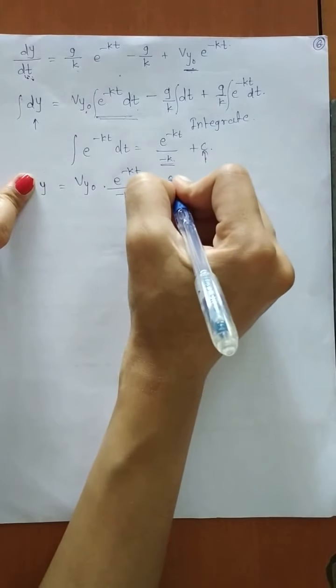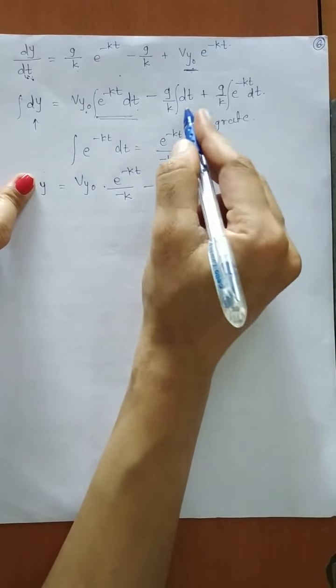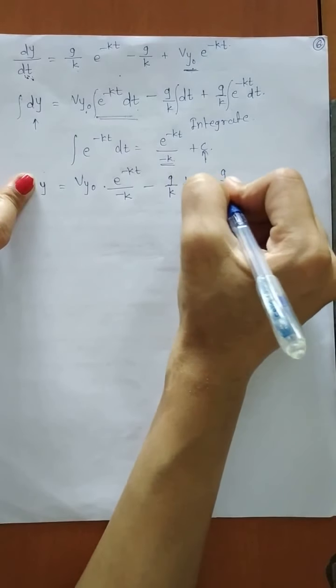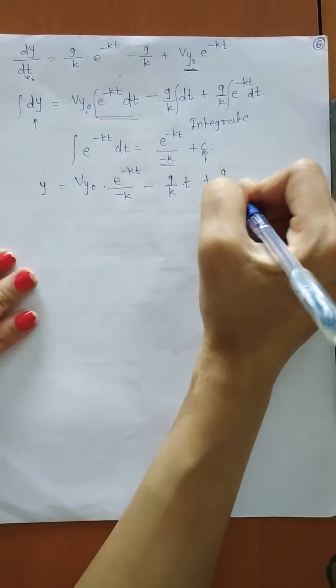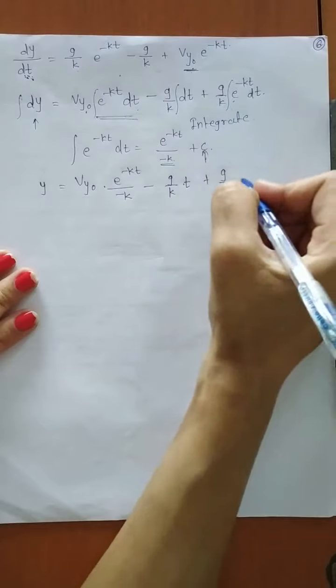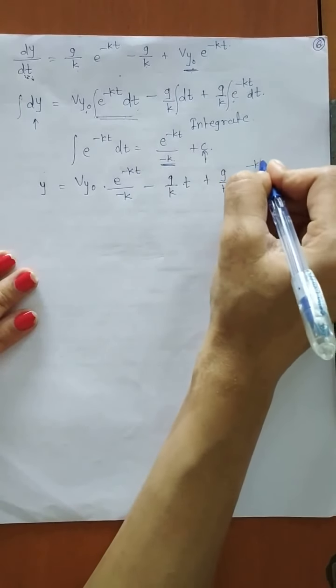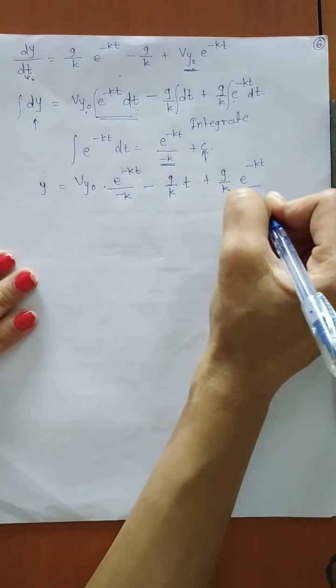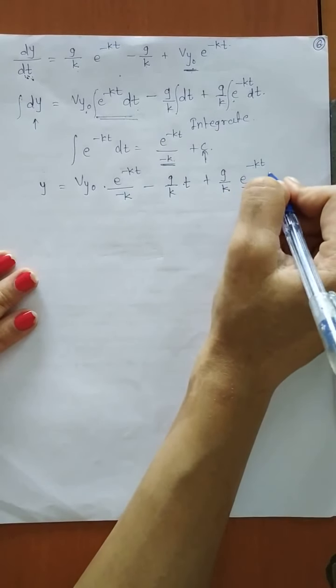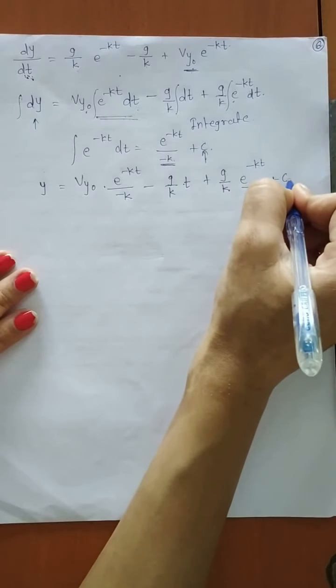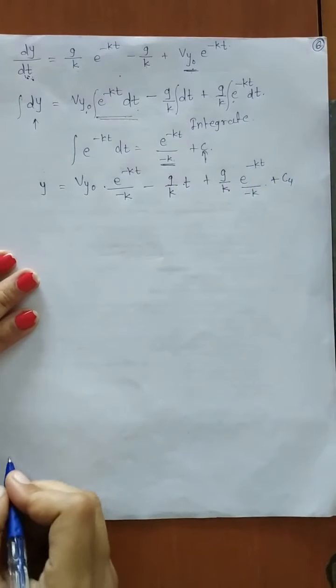Minus g by k is constant into integration of dt is t, plus g by k is again constant, and for this integration again use this formula. So you will get e raised to minus kt upon minus k into, now the constant of integration overall I am writing as C4.